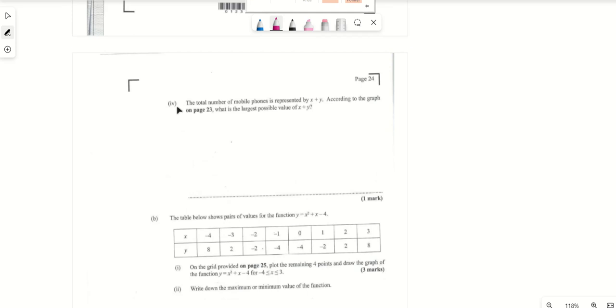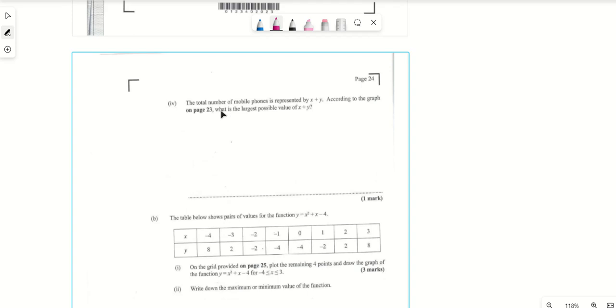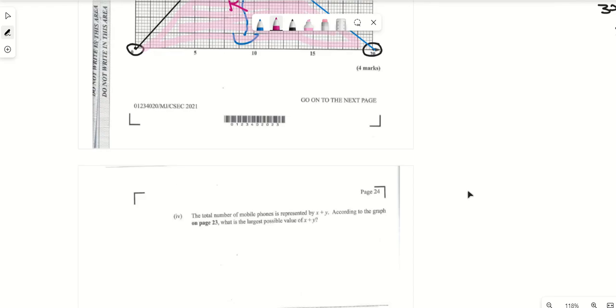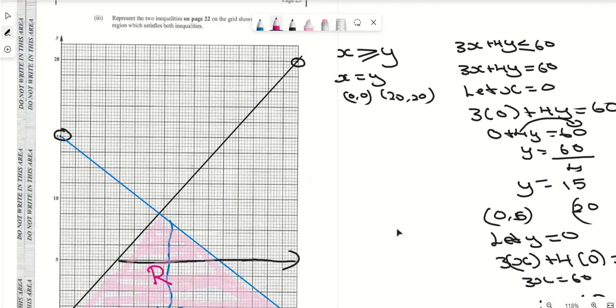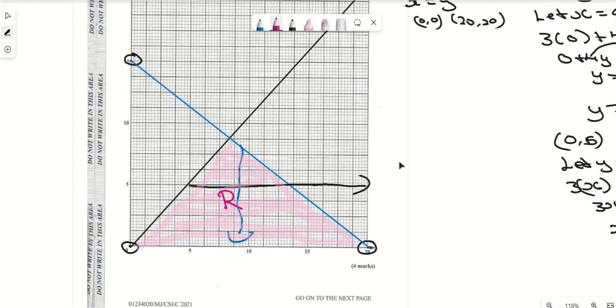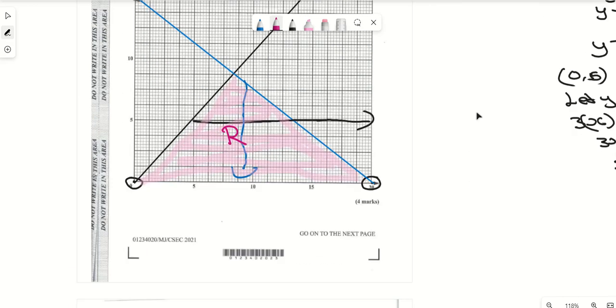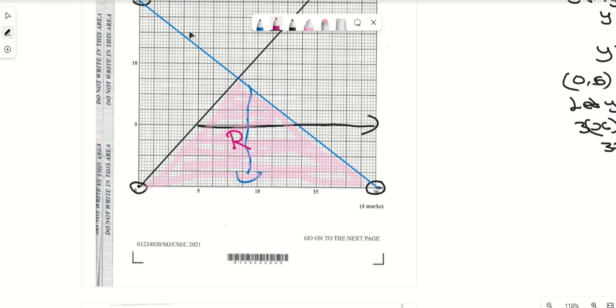So they said part 4, the total number of mobile phones is represented by X plus Y. According to the graph on page 23, what is the largest possible value of X plus Y? So when we add X plus Y, we see that our equation for X plus Y is the sum.